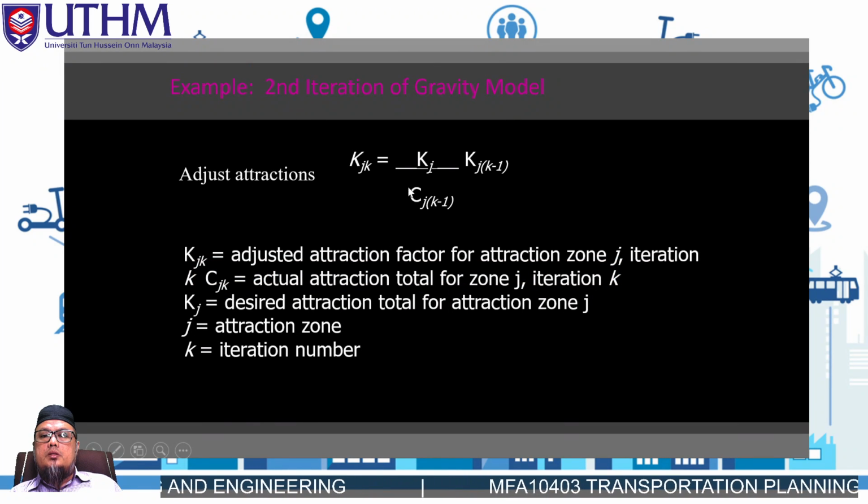So for the second iteration, we use the attractions, which is Kj multiplied by Qij divided by C, where C is the actual attraction total for zone j and K is the adjusted attraction factor for the attraction zone.